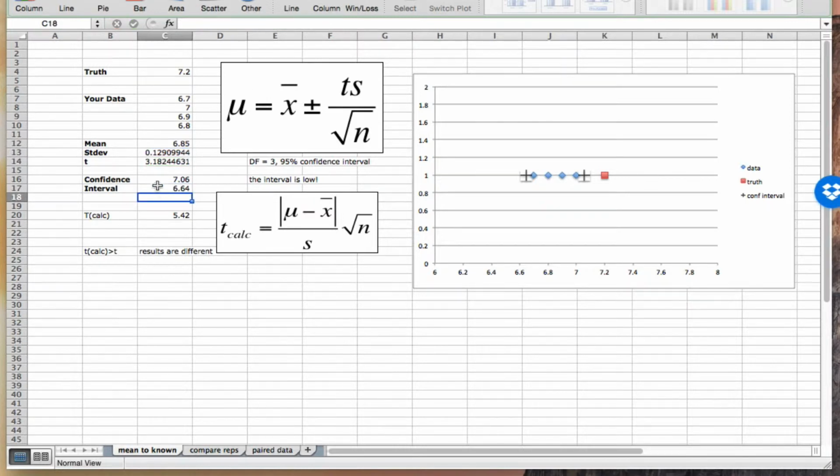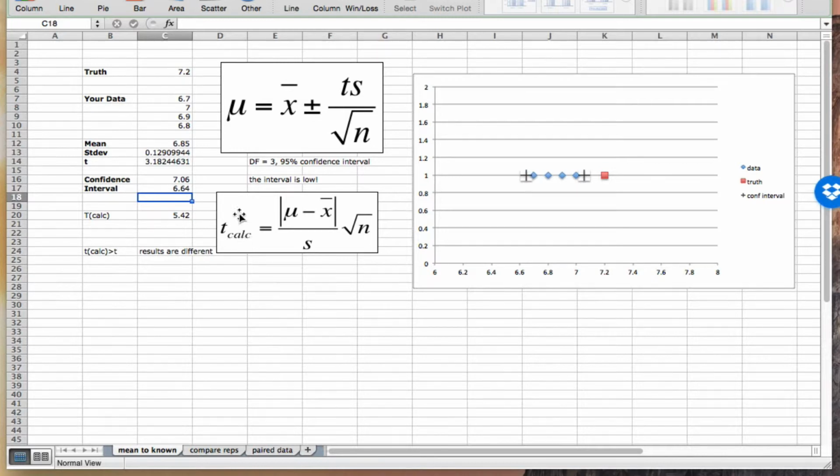So the confidence interval for this data at the 95% confidence level is from 6.64 to 7.06. So those are the plus and minus limits. You can see that the truth is well outside my confidence interval, and it is reasonable to conclude that the results are different.